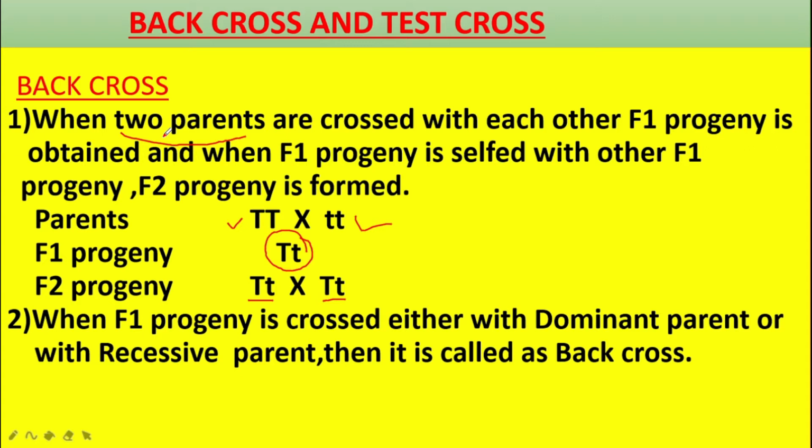But what is back cross? Back cross means when this F1 progeny or F1 hybrid is crossed either with the dominant parent, meaning this parent, or with the recessive parent, meaning this parent, then it is called a back cross.